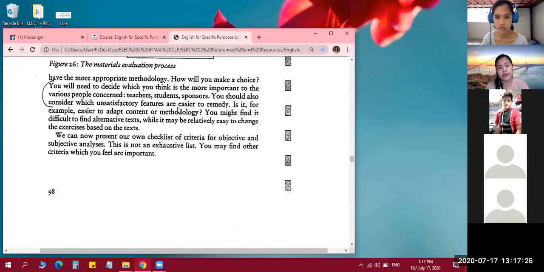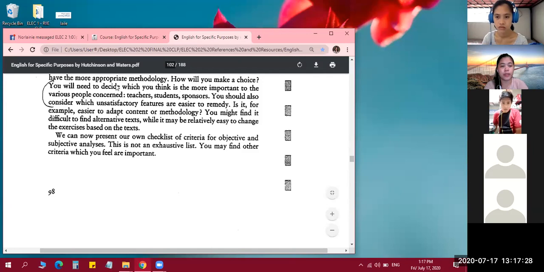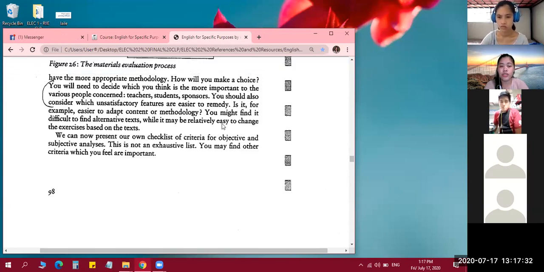In our case, for this book, I chose this one because it is much more accessible and much more comprehensive than the rest. Is it, for example, easier to adapt content or methodology? You might find it difficult to find an alternative text, while it may be relatively easy to change the exercises based on the text.